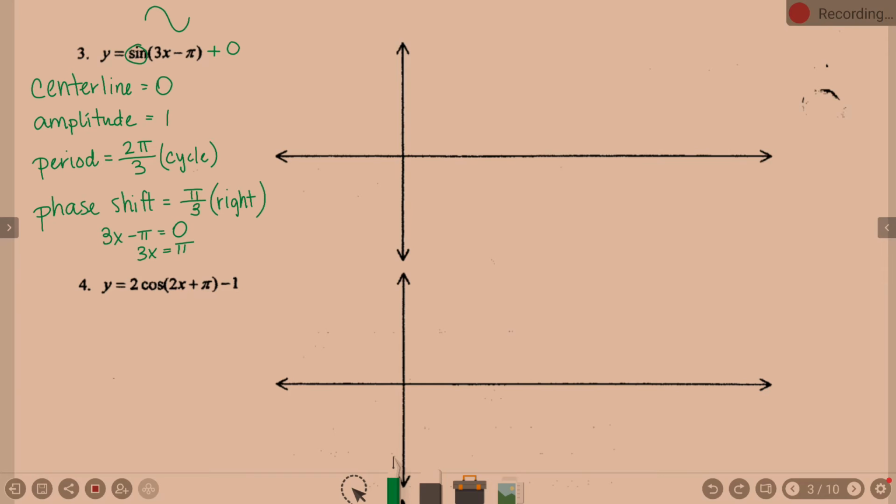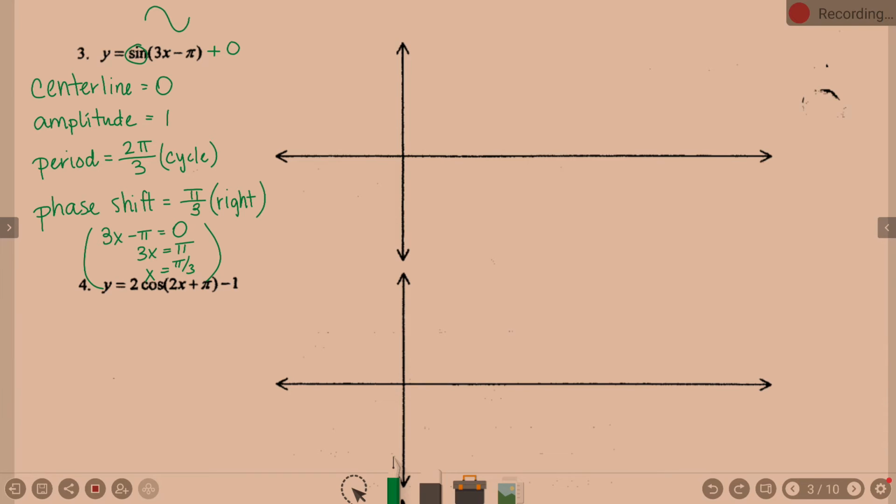So 3x equals pi, divide by 3, and x is pi over 3. I'm not saying you have to do that. It's perfectly fine without it, but if you're someone that struggles to remember how do I know which sign to use, it's always going to be opposite the sign, but take what's in parentheses, set equal to 0, and that will give you your phase shift.